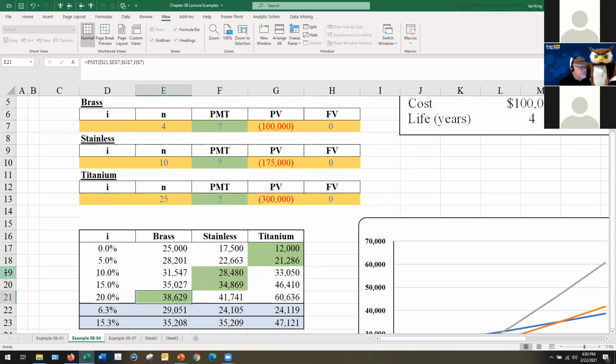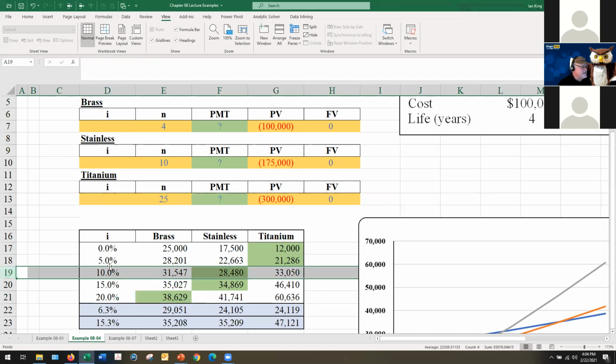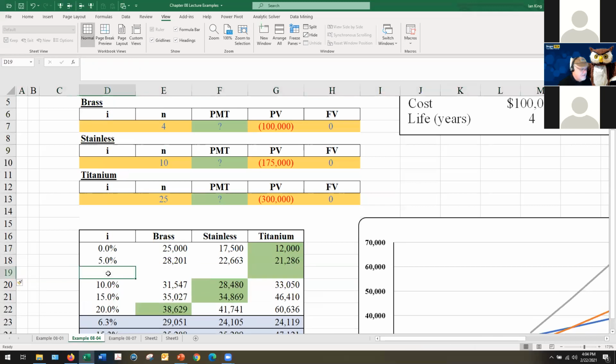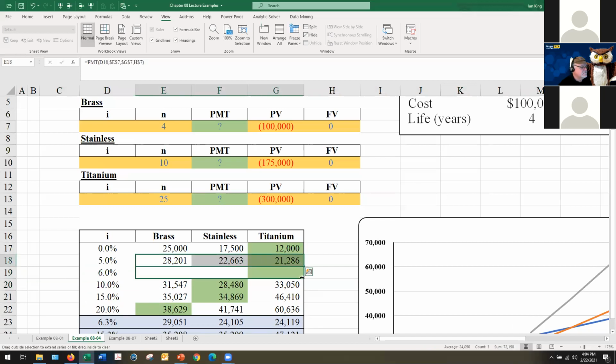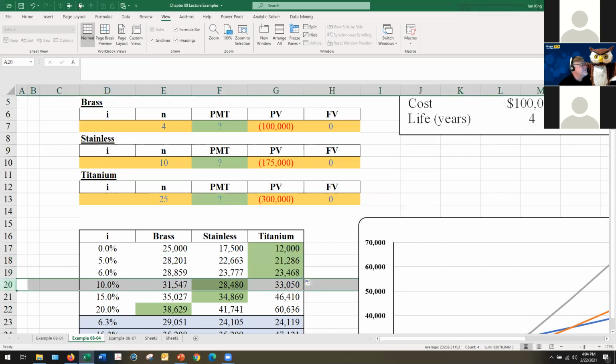And if you want to do it other than Goal Seek, well, in the real world, I'd probably use an iteration algorithm. But you can do the same thing by saying, okay, let's stick 6% in here. Stick another line in here and say, okay, 6%. At 6%, titanium is still the cheapest. What happens if I stick in 7%?